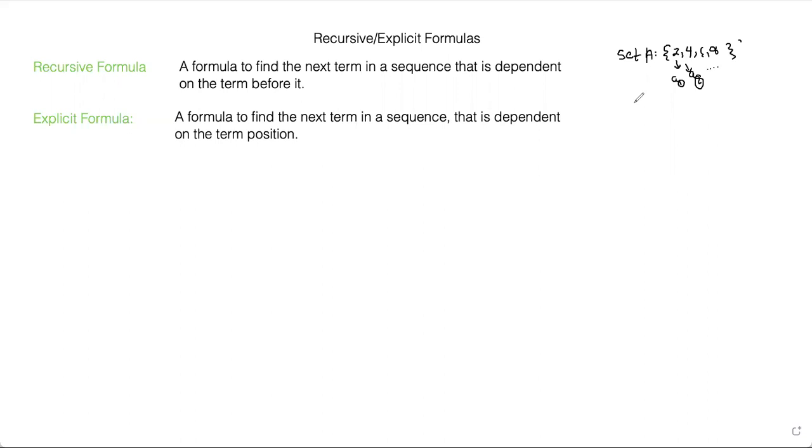Okay, so now let's get into when each type of formula is used, right? So recursive formulas are used when you have a small amount of terms, right? So for recursive, I'm going to denote it as R. It's when you have a small amount of terms.